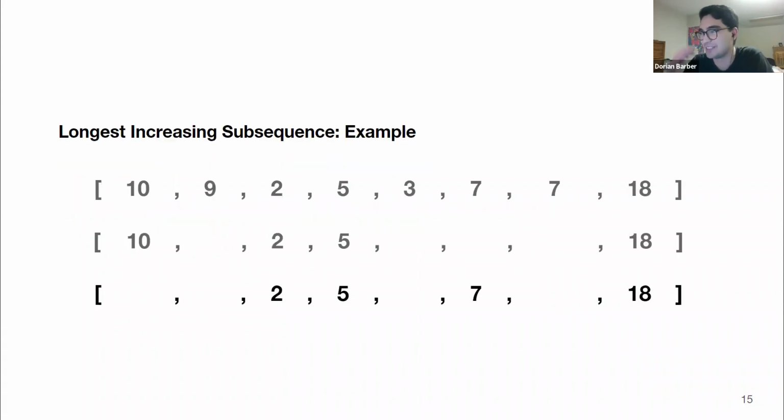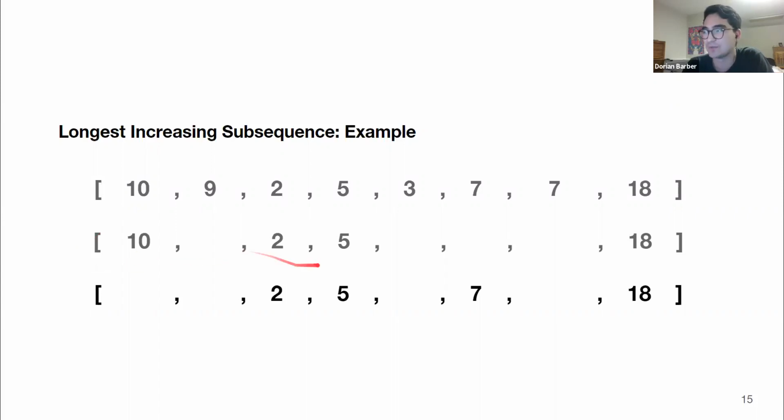with an example, right? So let's say the input array is the top one, and then the second array is going to be an example of a subsequence. So a subsequence is just a subset of an array that keeps the relative order of the elements, right?